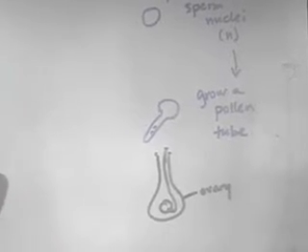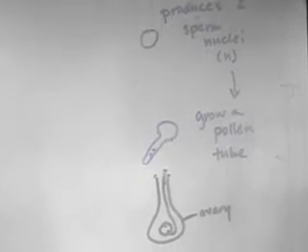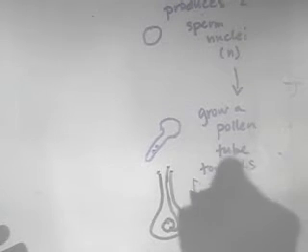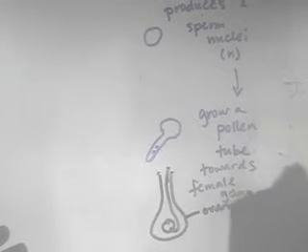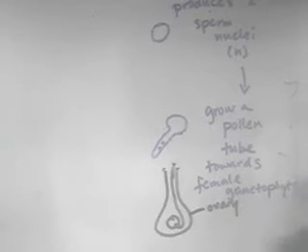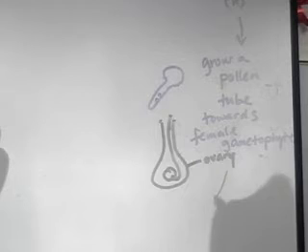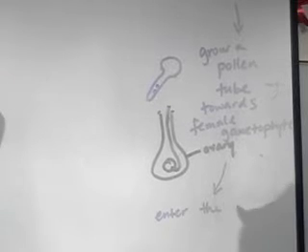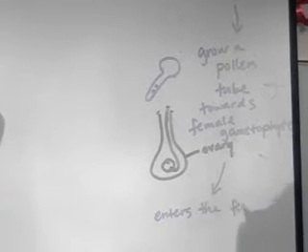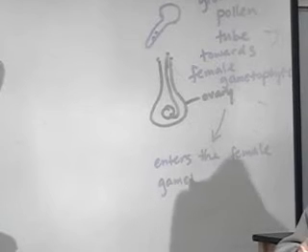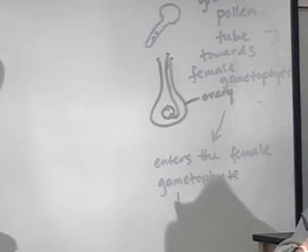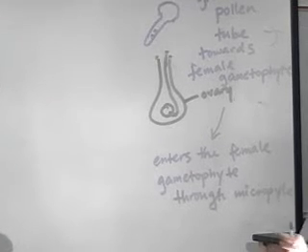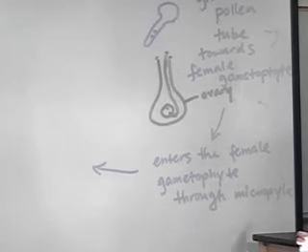So it's trying to dig its way in. It grows a pollen tube to get to the female gametophyte. When it gets there, it's going to enter the female gametophyte through a little opening called the micropyle. And after it does that, that's when the actual fertilization takes place.